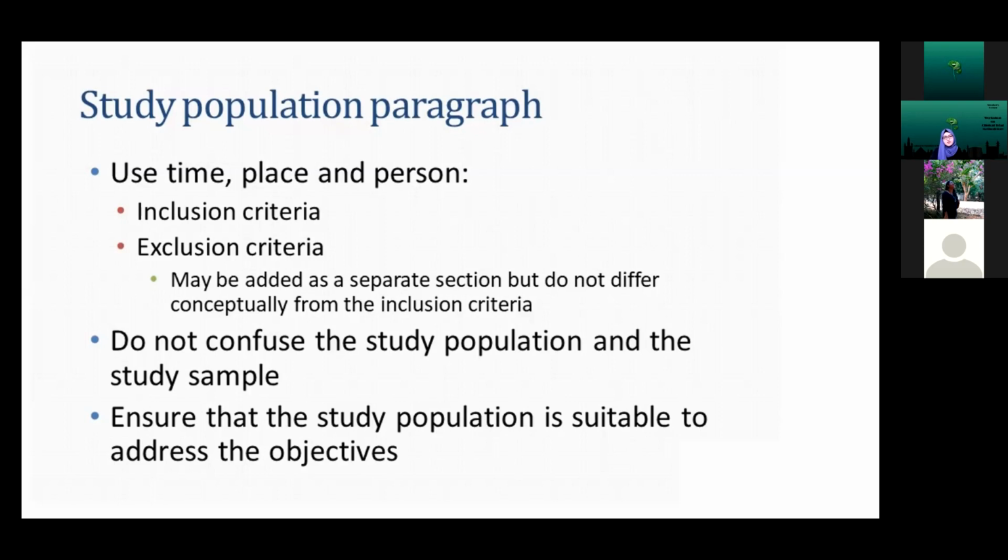Study population is a bigger population from which you take out a certain number as the sample. So study population and study sample are completely different things. Study sample is taken out from a study population. Then we have to ensure that the study population that we are choosing for our study is suitable to address the objectives of the study.